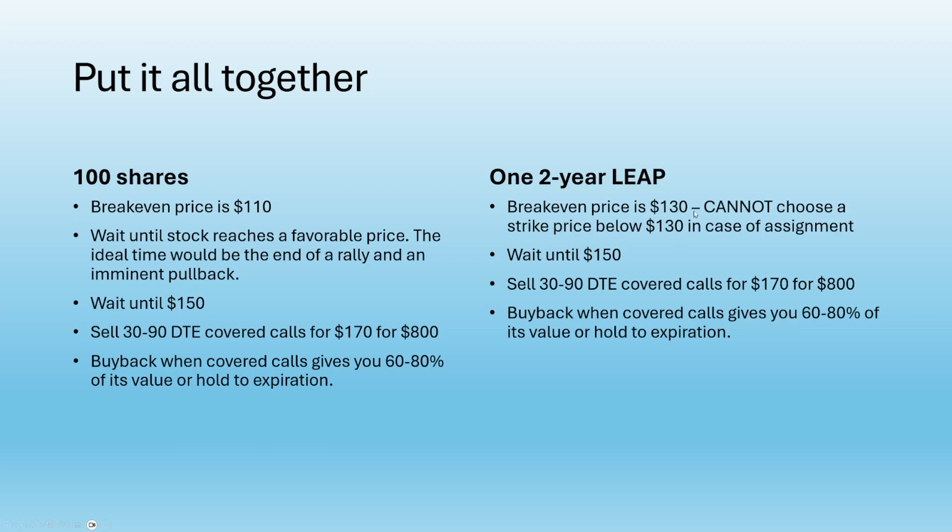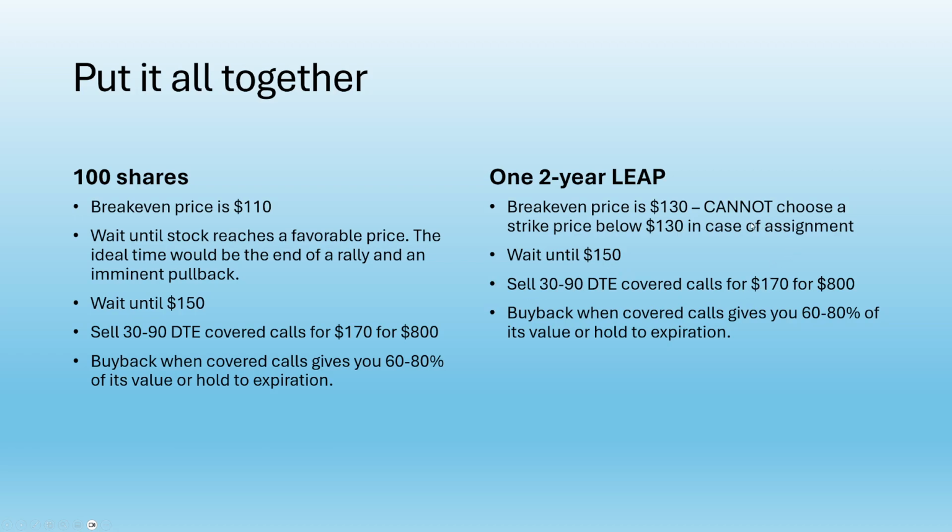You want to wait until it gets to 150 because for Nvidia specifically, that's a point of resistance that it has not been able to get through very well. I mean, that's almost its all-time high at 153. So if you sell a covered call for 170, it's very likely that it's not going to hit that specific strike price by the time of expiration. So you're receiving that $800 in premium just for holding that contract and letting it expire on its own.